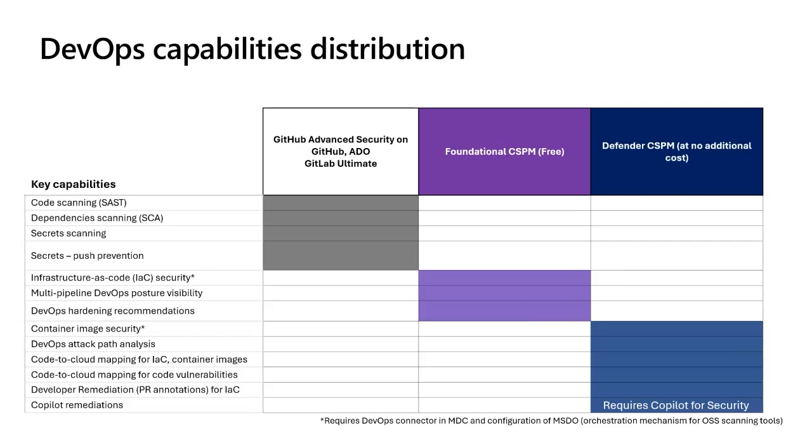And lastly, if you have Copilot for Security, you have the automated remediation path as well, allowing developers to simply review and merge code with no additional effort on their end.